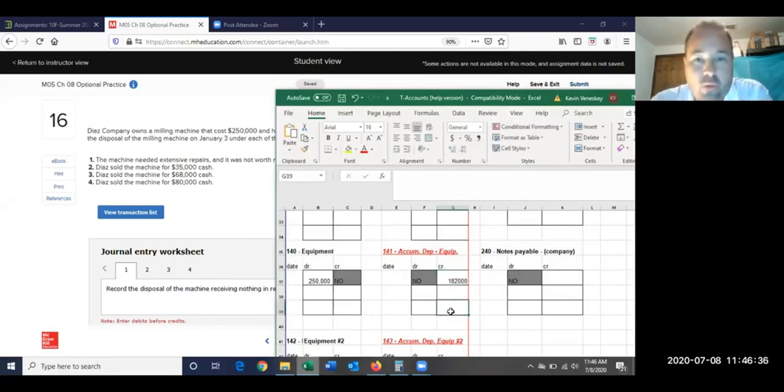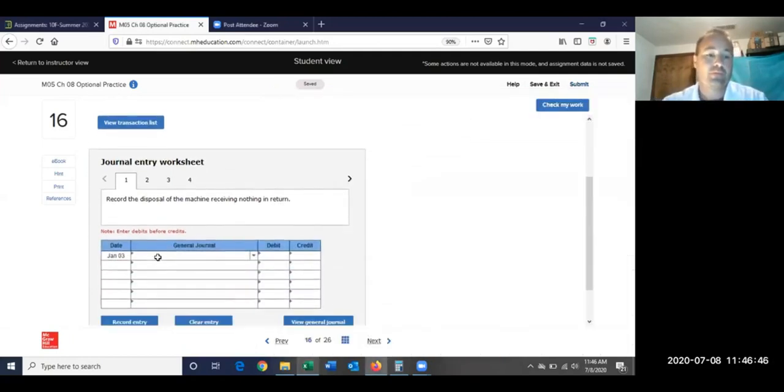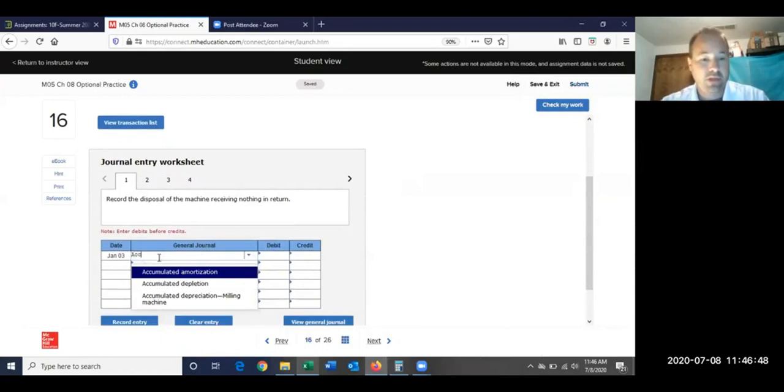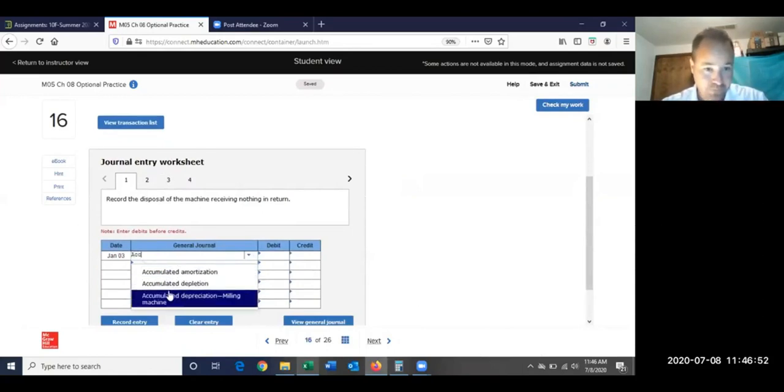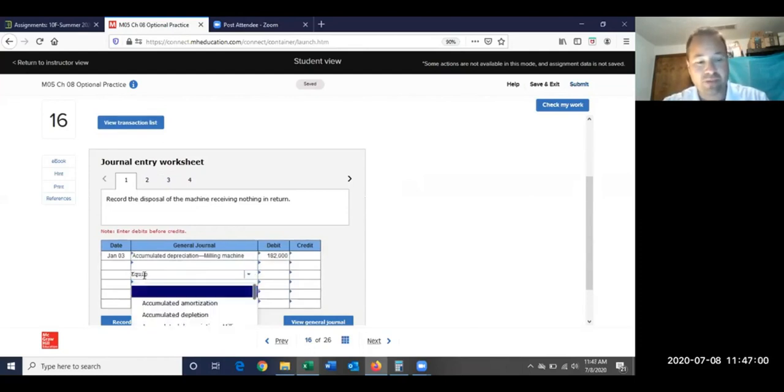We are throwing it away. We need to get rid of these amounts. So the first one to get rid of, since it's a debit, is our accumulated depreciation, 182. I also know that I need to get rid of my equipment. I'm going to skip a space.